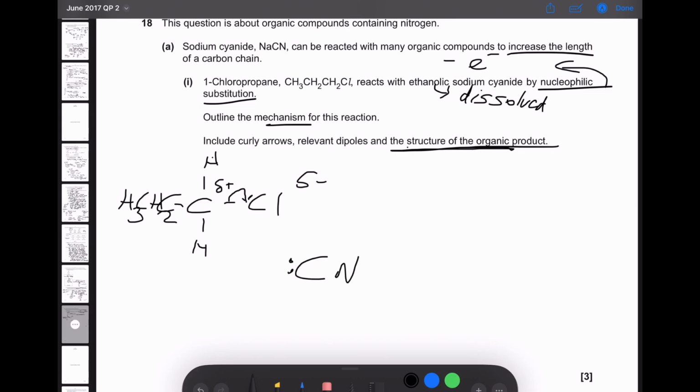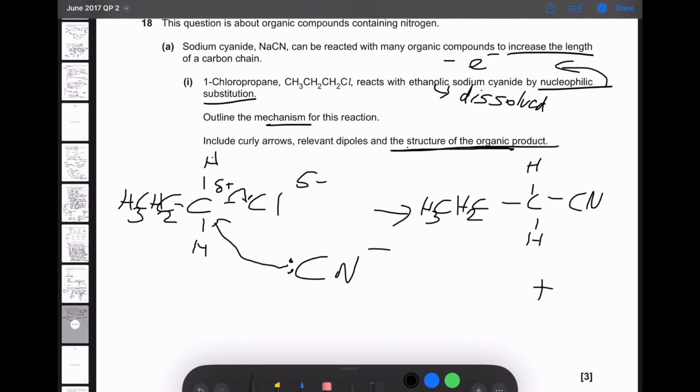So put a negative charge next to that, and it's going to donate its electrons to that carbon because the carbon's electropositive, and it's going to give us our extended carbon chain. And because we need to conserve charge, and also we can't have 5 bonds to the carbon, it's also going to eject the chlorine to become a chloride ion.